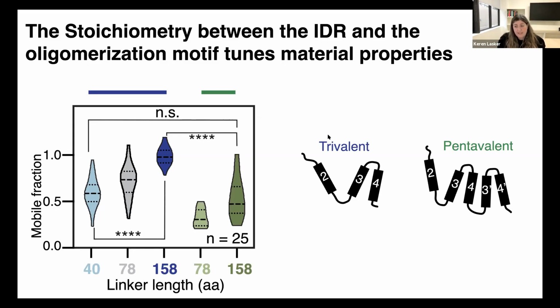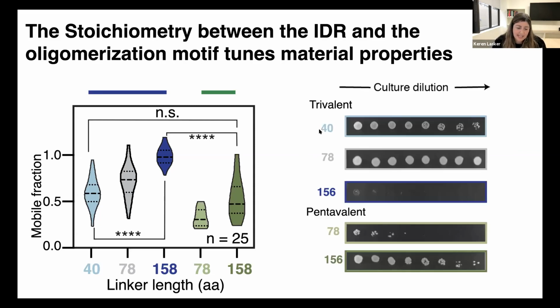And as a control, if we just use the pentavalent with the wild-type linker, we're actually getting a pretty solid POP-Z microdomain. And also very nice is that if we're going back to our viability assay, we can see that restoring the stoichiometry actually restores the viability of the cell.